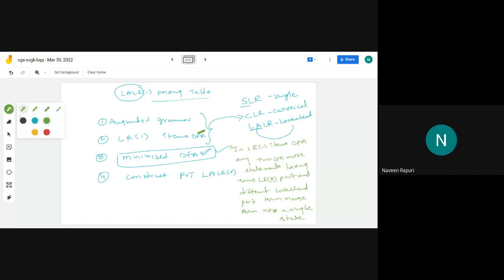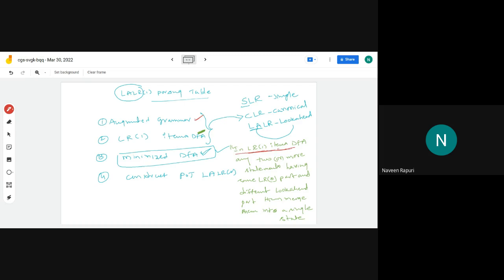Suppose in LR1 items of DFA, here first we are writing the augmented grammar. After that we are constructing LR1 items of DFA.